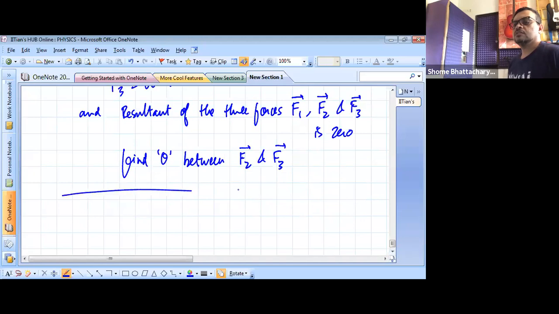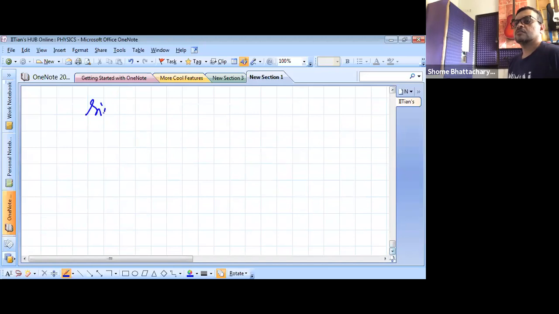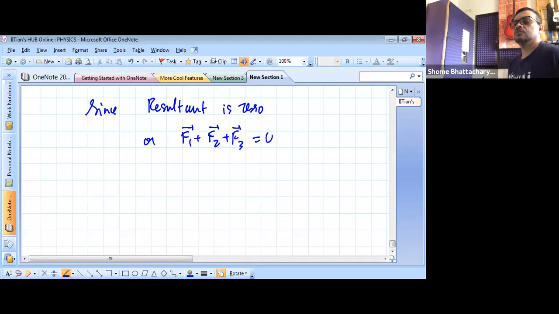So now, this is how we solve this question. Since the resultant of the forces is 0, or in other words, F1 plus F2 plus F3 is equal to 0, we can say that F1 is negative of F2 plus F3.